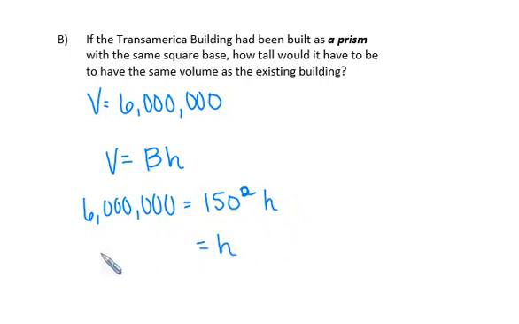So we get that the height would have to be 266.6 repeating, so 266 and 2/3, so 266.67 feet. So that's a big difference from what we had before. Okay, so always use the information you're given, plug in what you know, and then solve for your variable. Make sure you guys study.